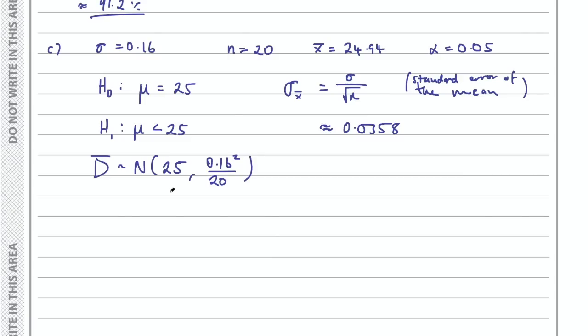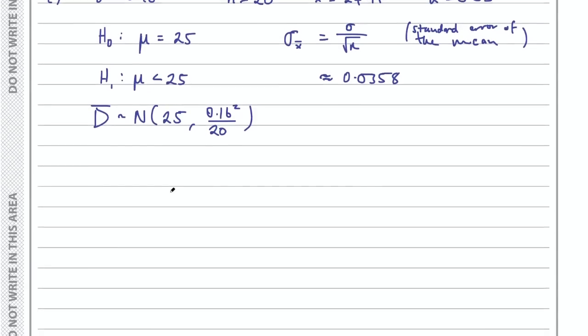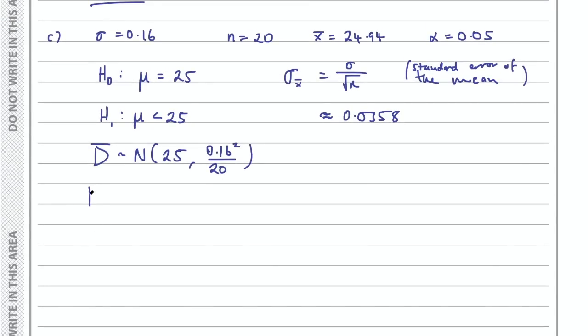Okay, so we've set the problem up. Now we're looking for the probability that d bar is less than or equal to 24.94. We can again use the normal cumulative distribution function for this and put that into a calculator.